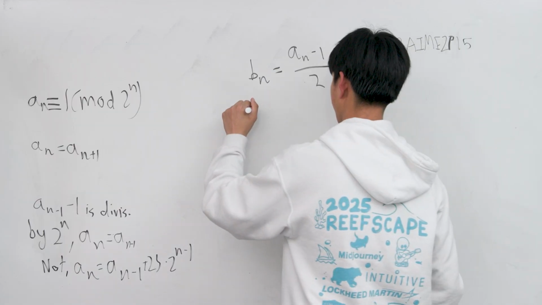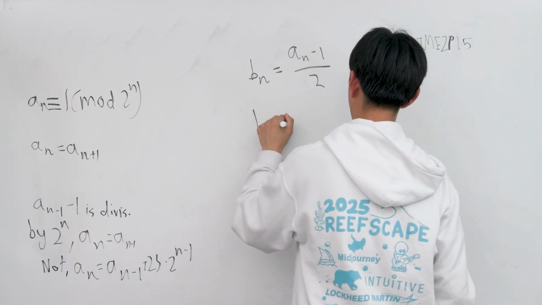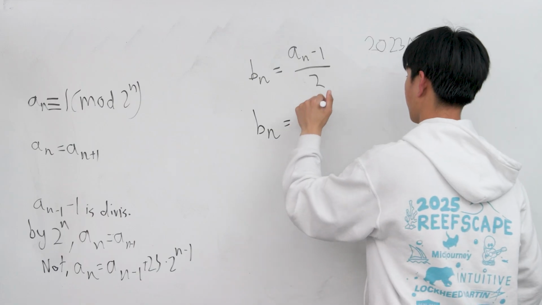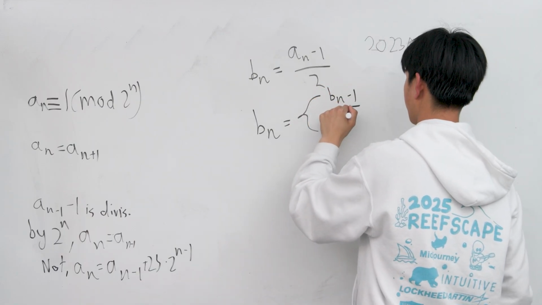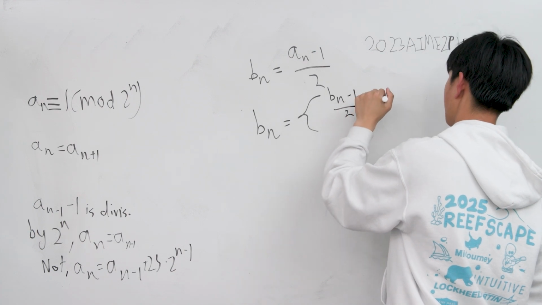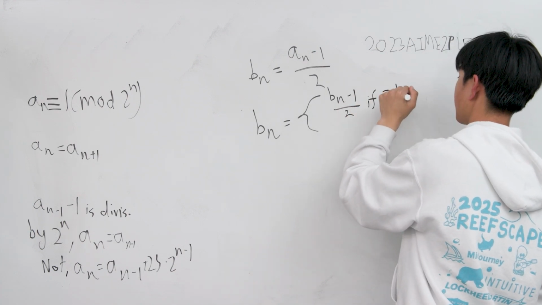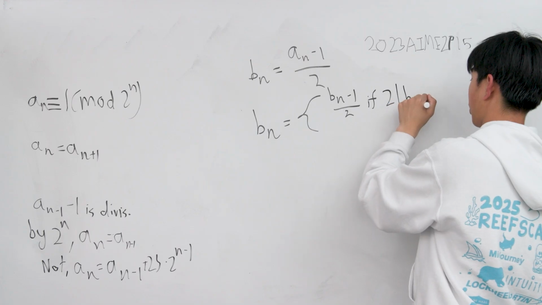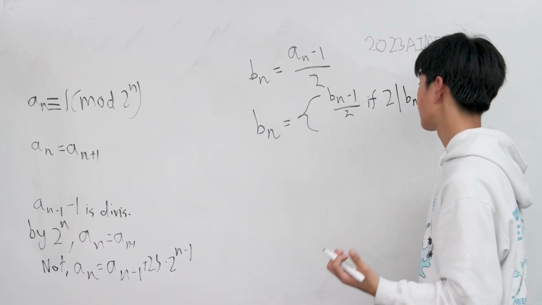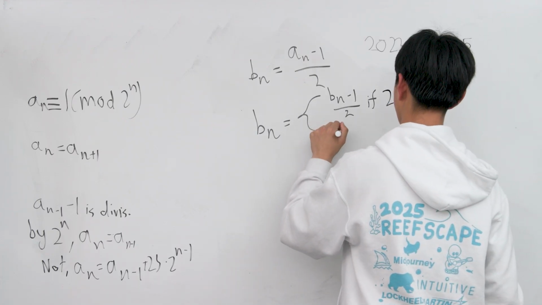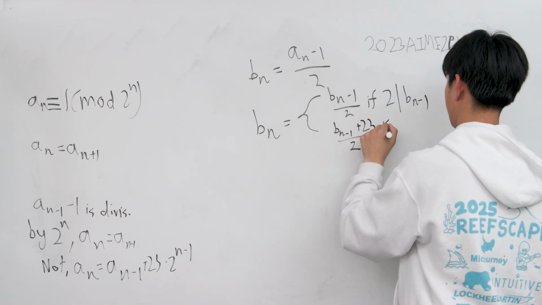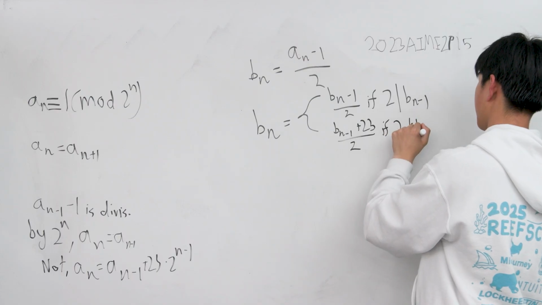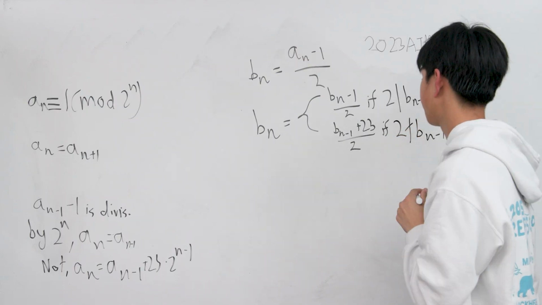So we can rewrite it as b sub n minus 1 over 2, and this is only true if 2 divides b sub n minus 1. However, if it does not divide, then we would have b sub n minus 1 plus 23 over 2, if 2 does not divide b sub n minus 1.